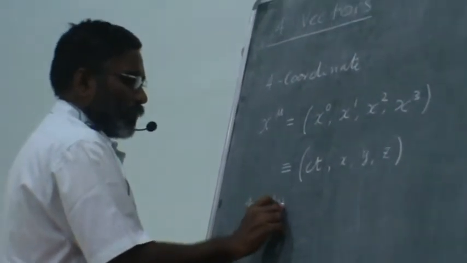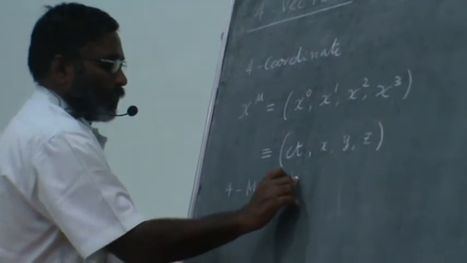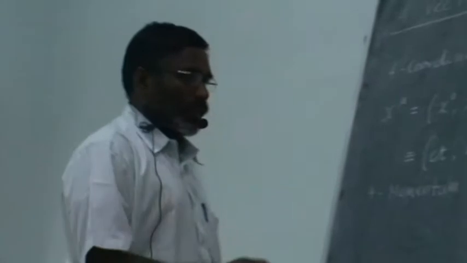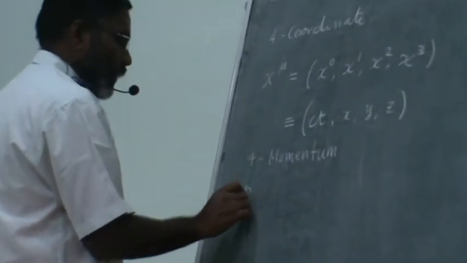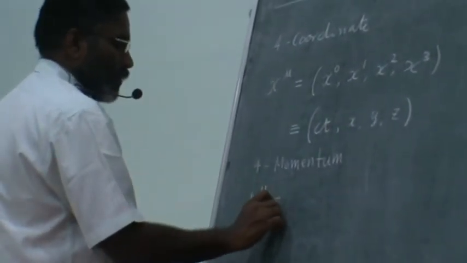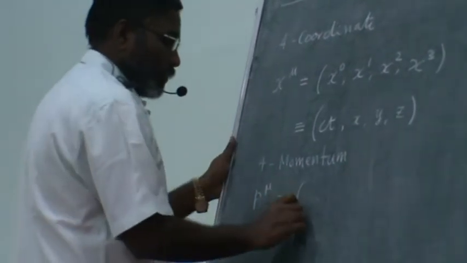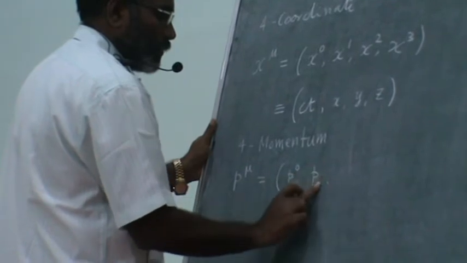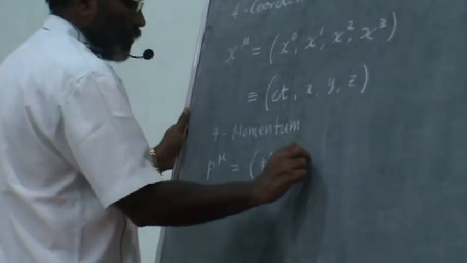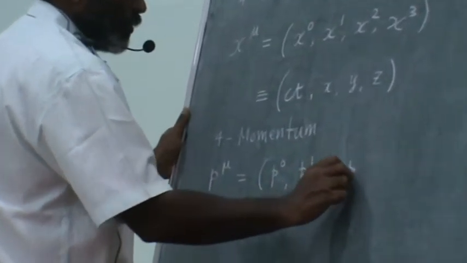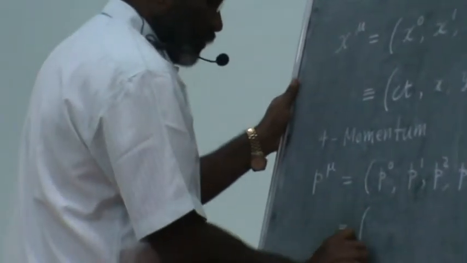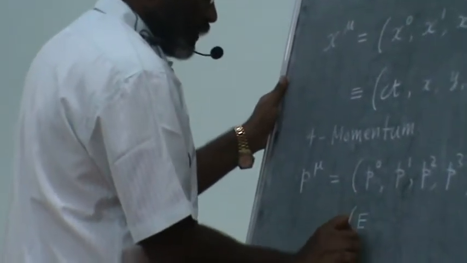For momentum, the four-momentum can be written as P^μ, which is equal to P0, P1, P2, P3, which is equal to energy divided by c.